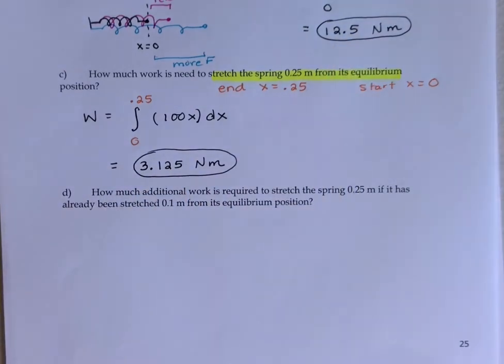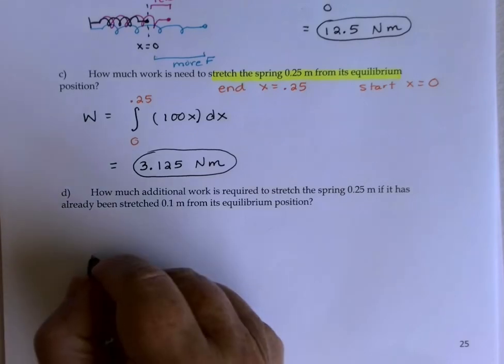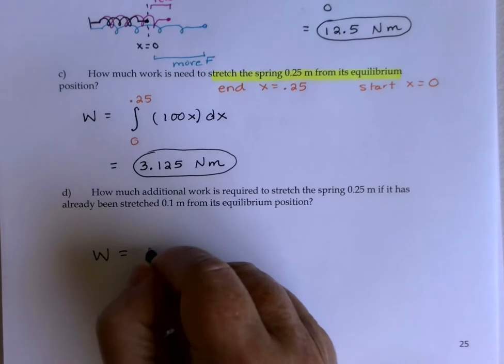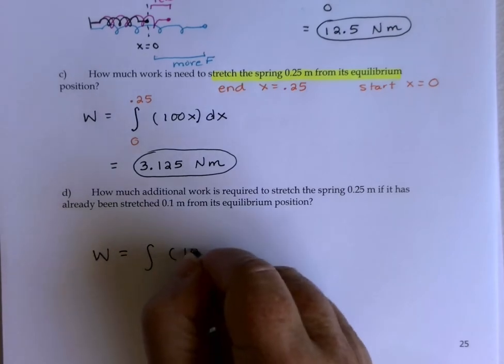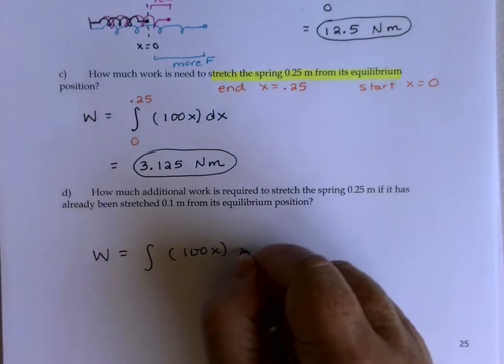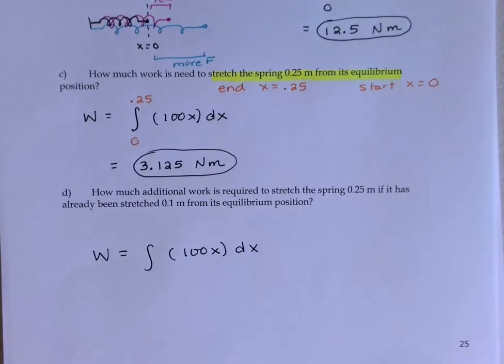All right, part D. How much additional work is required to stretch the spring 0.25 meters if it's already been stretched 0.1 meters from its equilibrium position? So the spring still hasn't changed, meaning my force is still 100x. My distance is still dx.